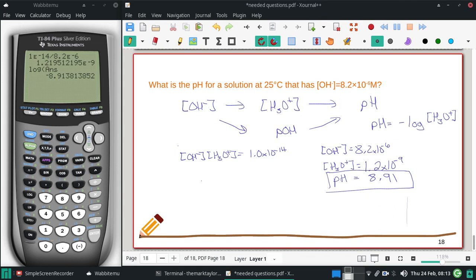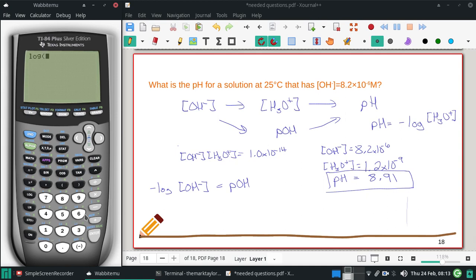Now, if I did it the other route, what I would have done instead is take that OH concentration and take the negative log of it to determine the pOH. If I do that, the negative log of 8.2 times 10 to the negative 6th, I get a pOH of 5.09.